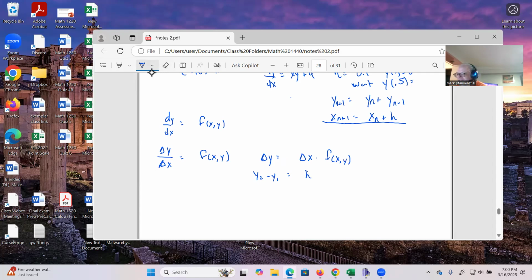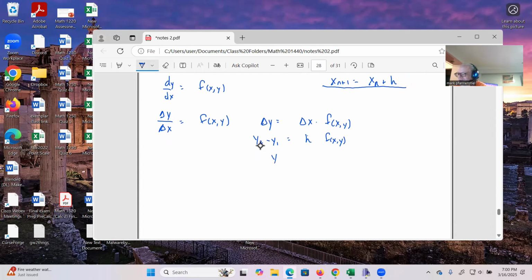So we're going to use h times f(x, y). And the last thing we're going to do is solve for our next y value: it equals my step value times my slope, f(x, y), which is the differential equation, plus the previous y value. So instead of y2 and y1, we could say y next is equal to h times f(x, y) plus y present, the current y.